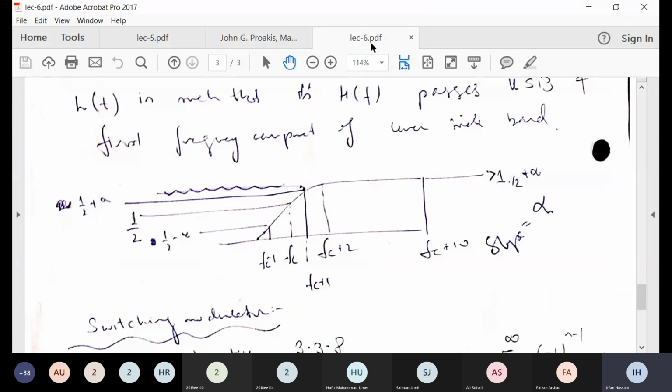So that is what I have also shown here, that fc I place at half. So fc plus 1 I place at half plus alpha, because I am shifting from here to here in one value along the x-axis. So I will shift, which is alpha.